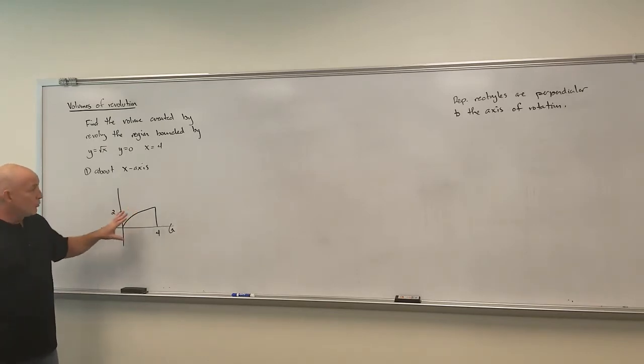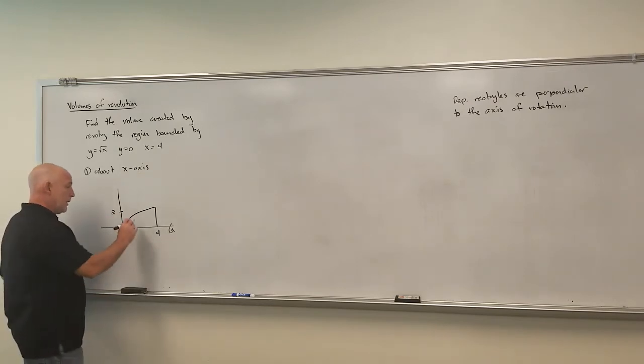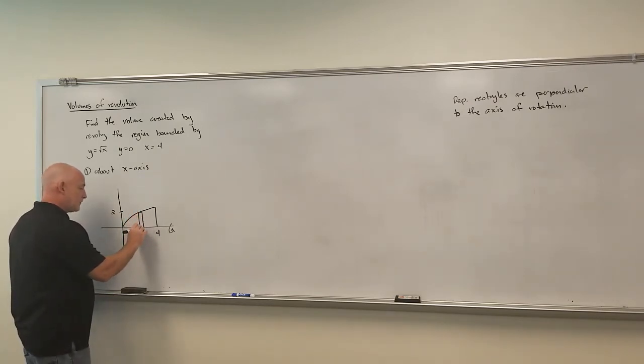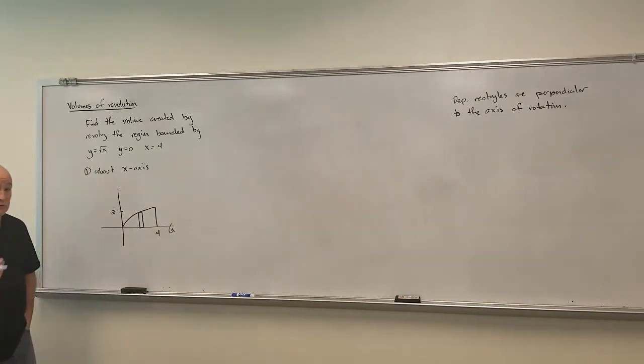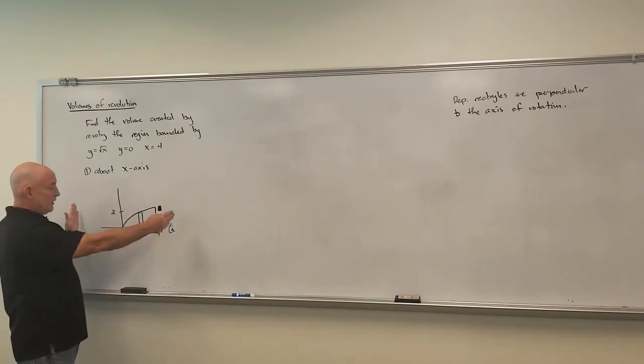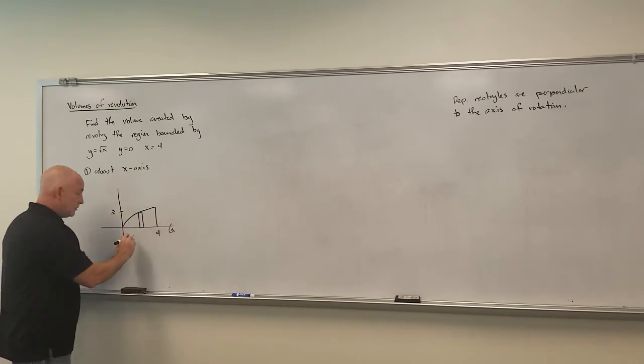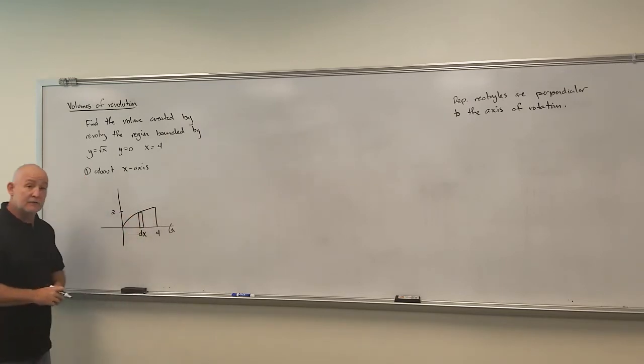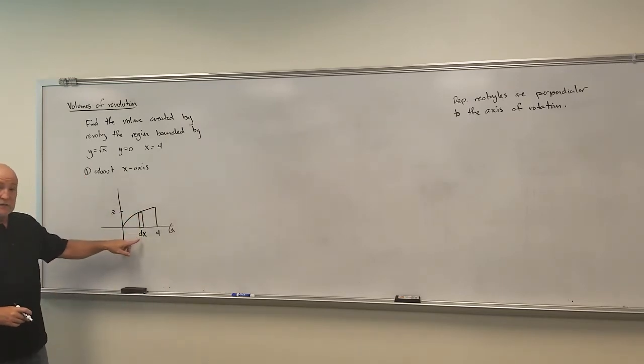So somewhere in the region that you just drew, that's this triangular-ish region here, I'm going to put a rectangle perpendicular. All right, now, this seems trivial, but it defines the entire problem. As soon as you put that representative rectangle in there, would you all agree when I pack them in there, it's going to squeeze it in the x direction, which means that's a little piece of dx. That dx defines the entire problem that we're getting ready to do.